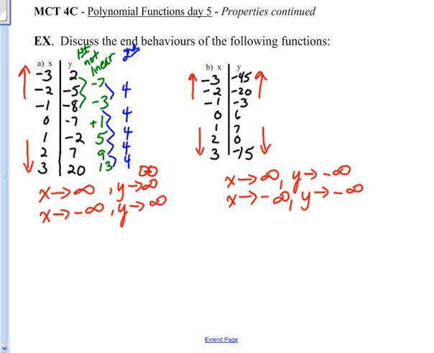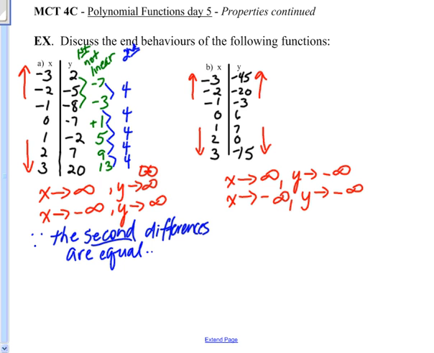Our second differences are the same. So since the second differences are the same, we have a quadratic.